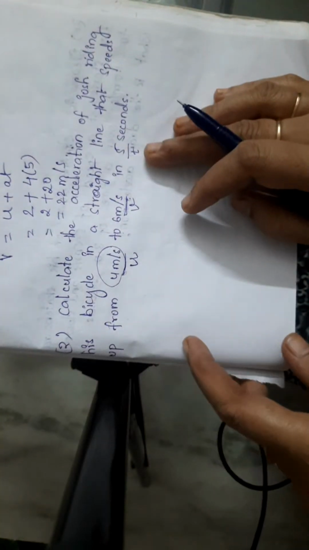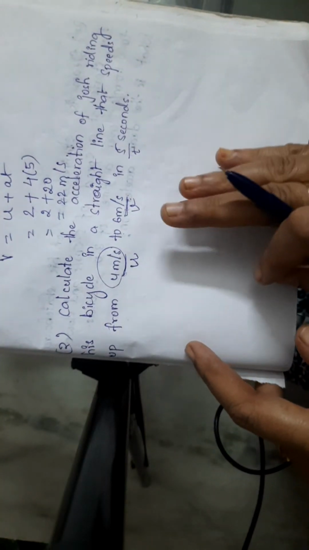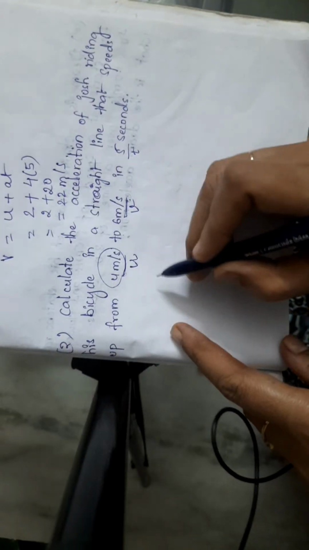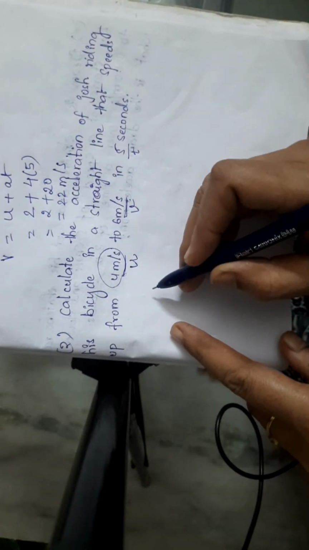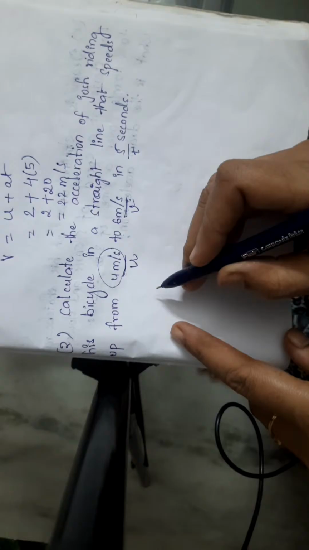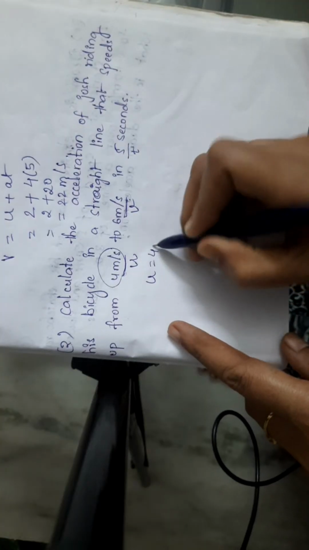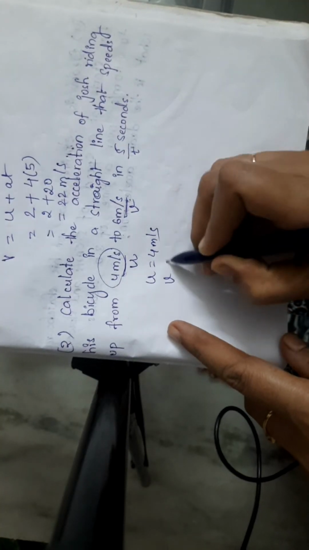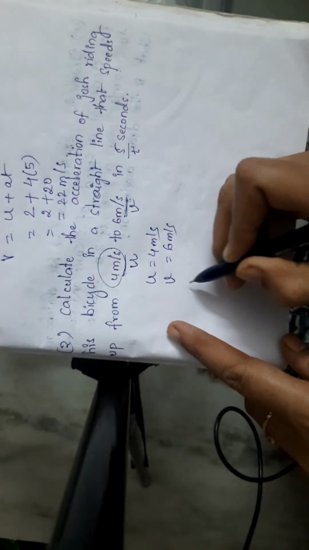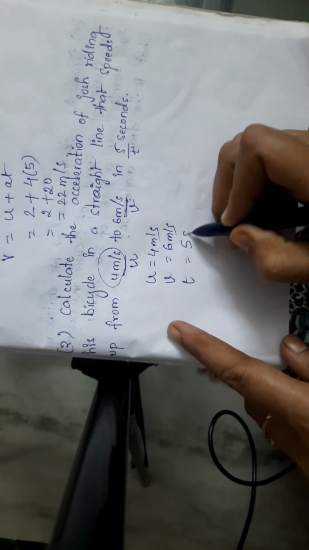So prior to the question, always have the habit of reading the question twice, then put out all the symbolic representation, then which kind of formula to be used will come to your mind automatically. So here u is 4 meter per second, v is given 6 meter per second, time is 5 seconds.